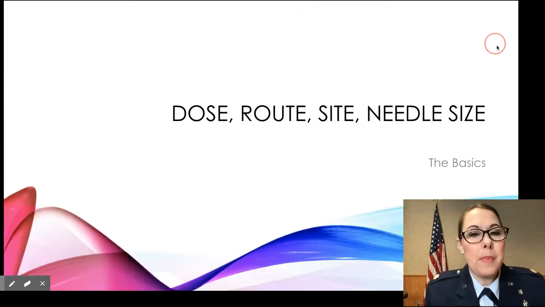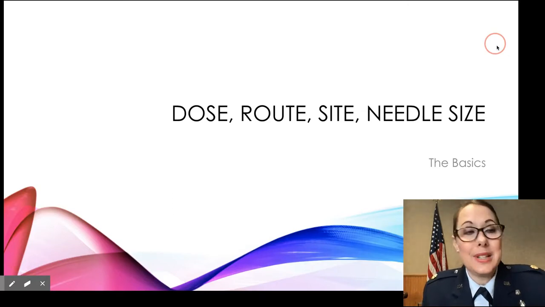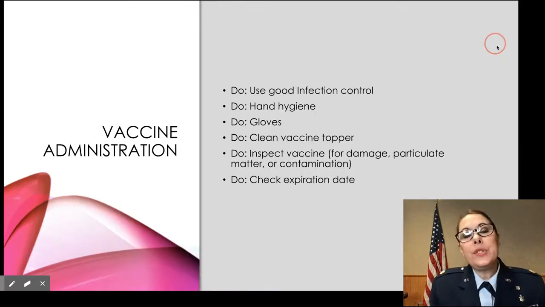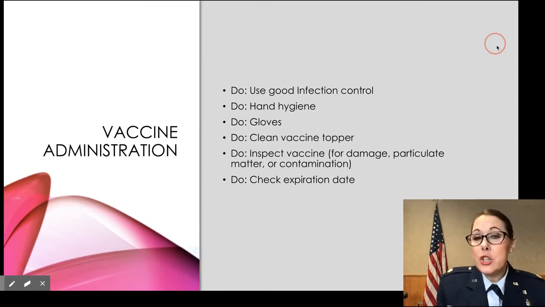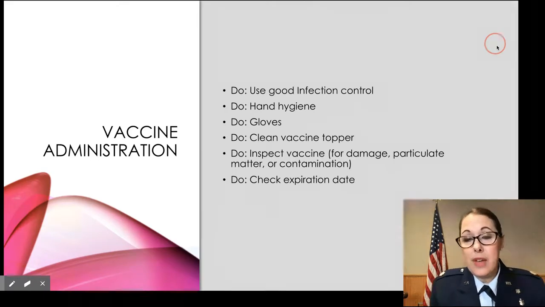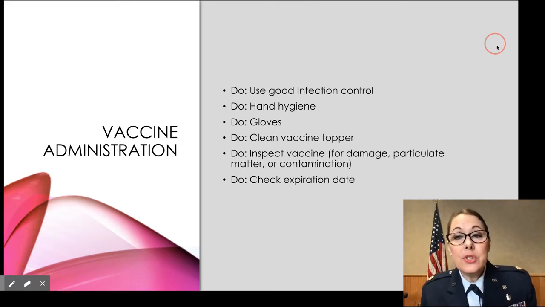Okay, now we're going to talk about dose, route, site, and needle sizes. So, things you want to make sure when you're doing vaccinations, you want to use good infection control, making sure you're cleaning the area off with alcohol, and making sure you're using good hand hygiene.